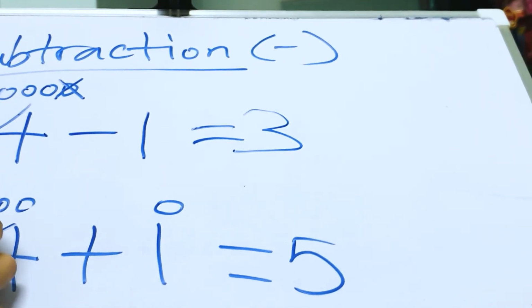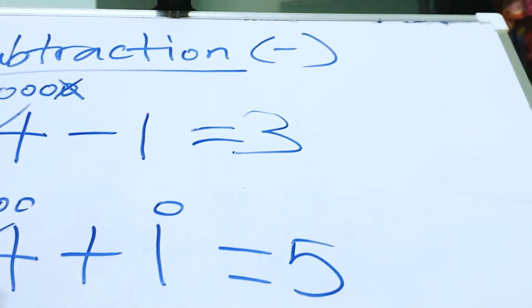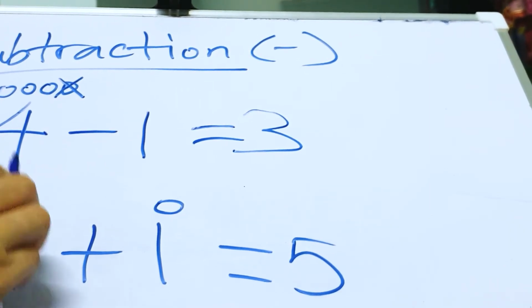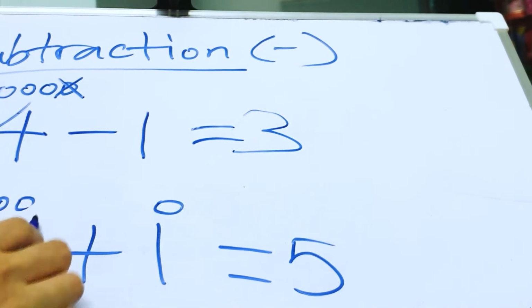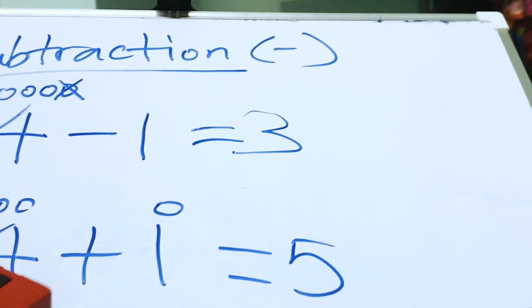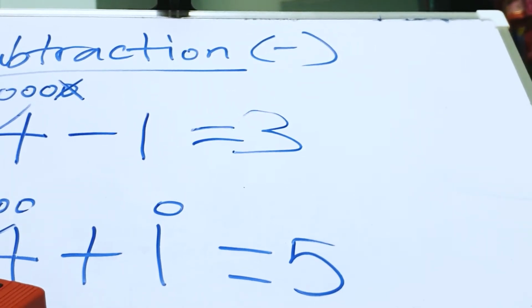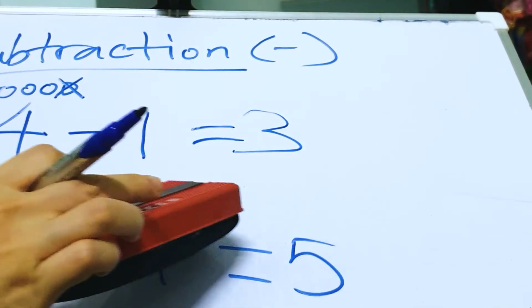Some kids already know that this one is 4 balls, and they still have to count again, starting from 1, 2, 3, 4, 5. So instead of drawing 4 balls and wasting time, please don't tell them to draw 4 balls, because you already know this one is 4. So just draw 1.